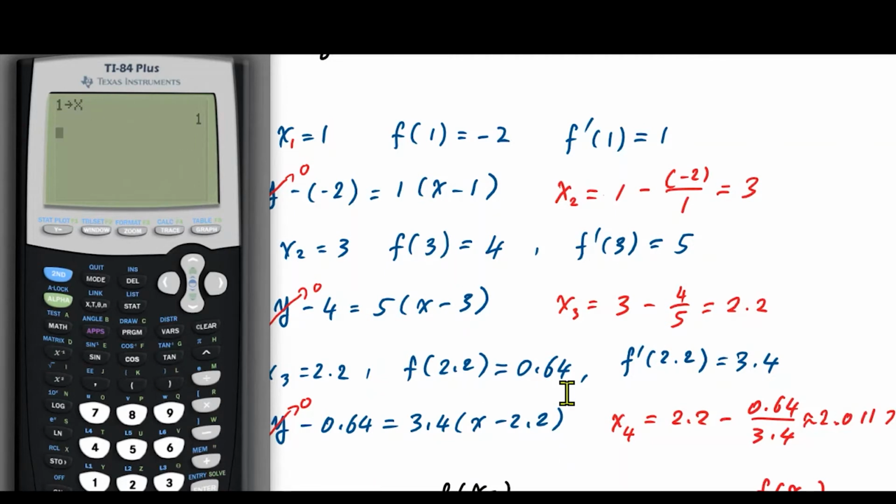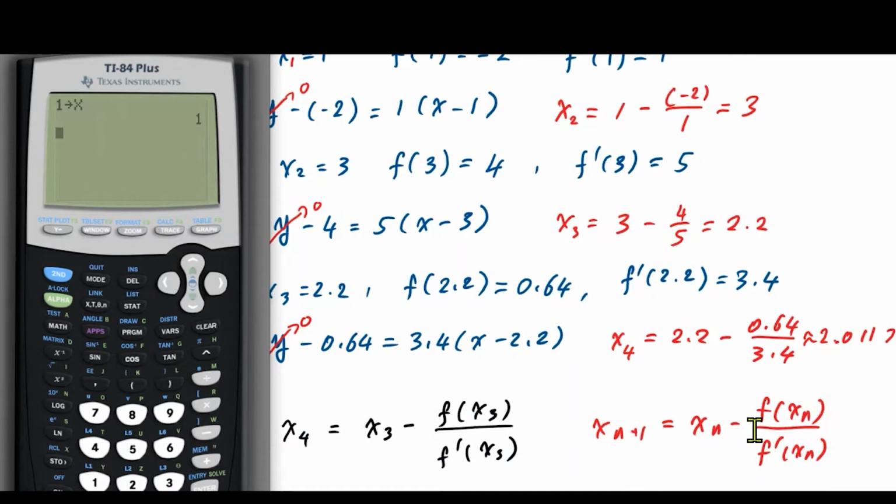Now we have to enter this formula, right? So we'll do X minus, and how do we do this? Remember this is my f of x? You guys all know how to do numerical derivative. This machine takes the derivative for you, so we don't have to actually compute the derivative by hand.